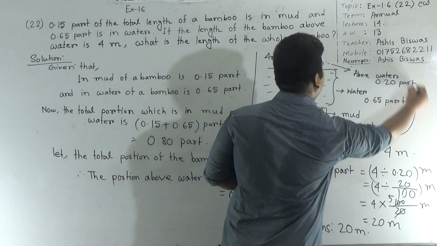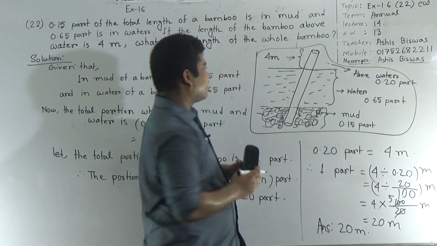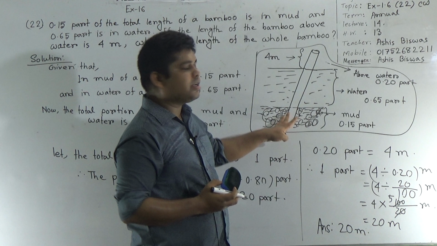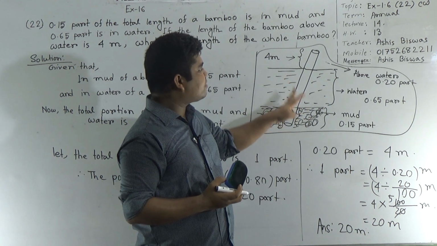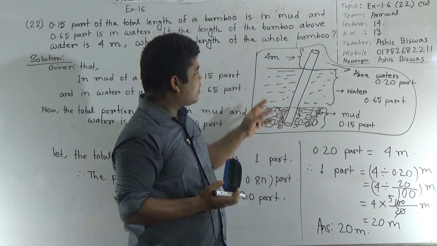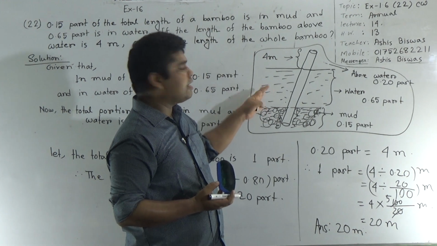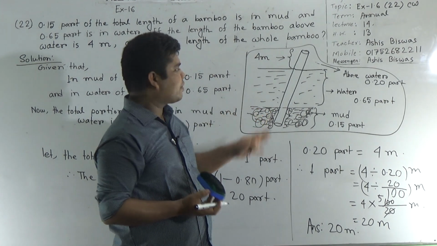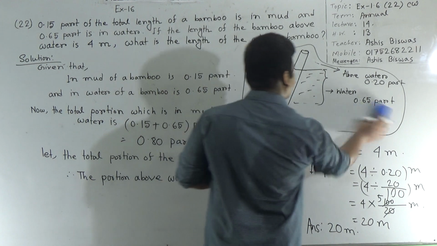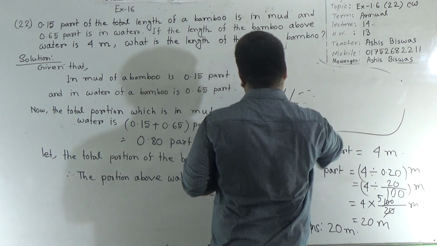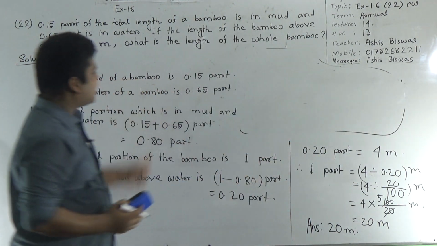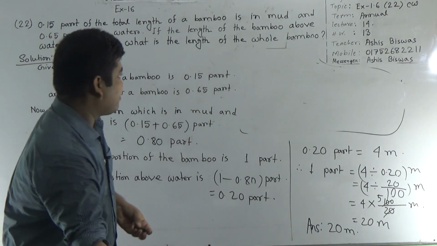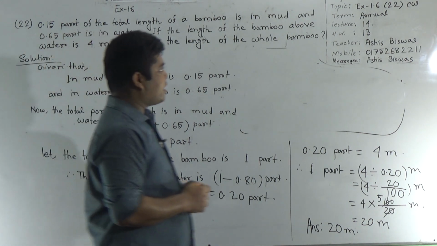I repeat, in our solution we need not put this figure in your answer. So you consider this figure in your mind. Okay, so I erase this, and this is the whole math. My dear students, this is my today's lecture.